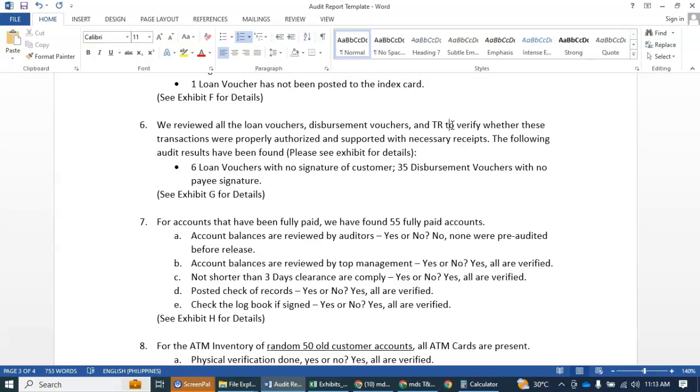There are two platforms, or records, where the signatures are reflected. Sometimes they do that in the TR itself, which is the receipt, and another one is they do that in the logbook.